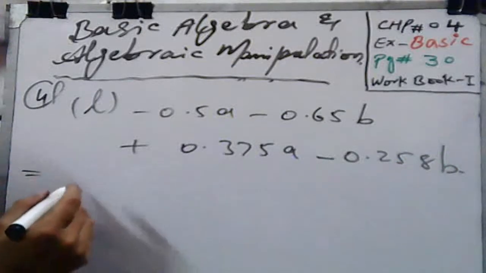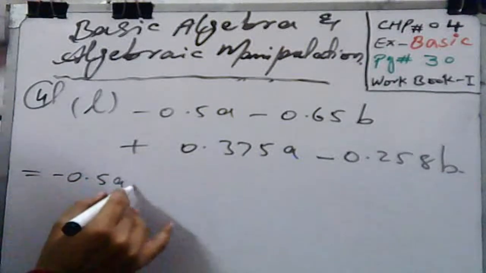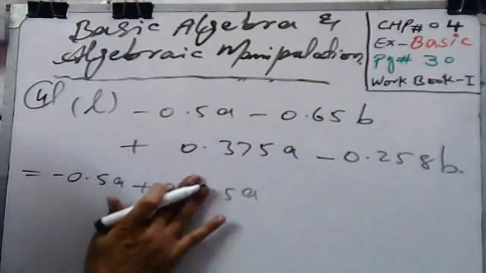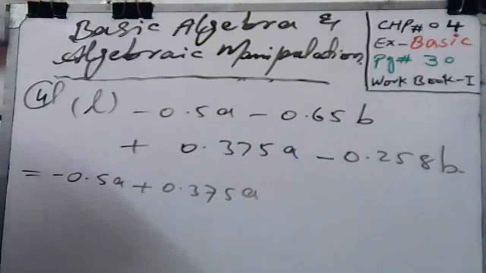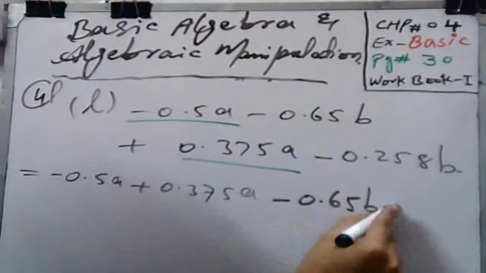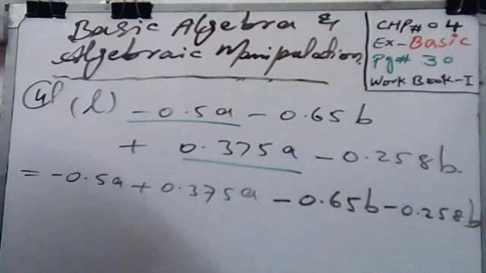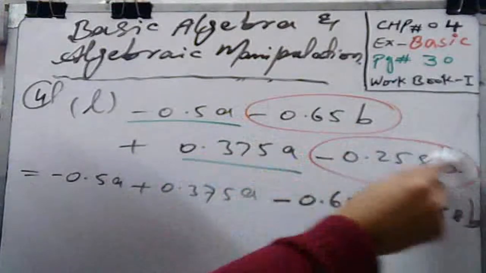So write the like terms at the same place: minus 0.5a plus 0.375a, the a terms together, and similarly in the b portion, minus 0.65b minus 0.258b.